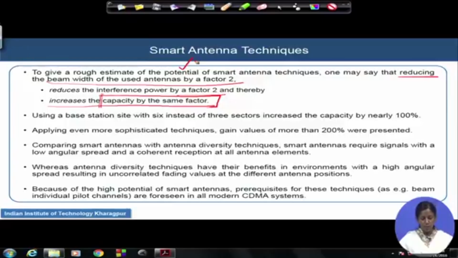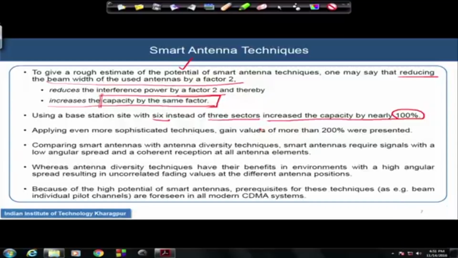And using a base station site with 6 sectors instead of 3 sectors increases the capacity by nearly 100%. This result is from a practical measurement. If you use a base station site with 6 instead of 3 sectors, we could see the capacity increasing by nearly 100%.